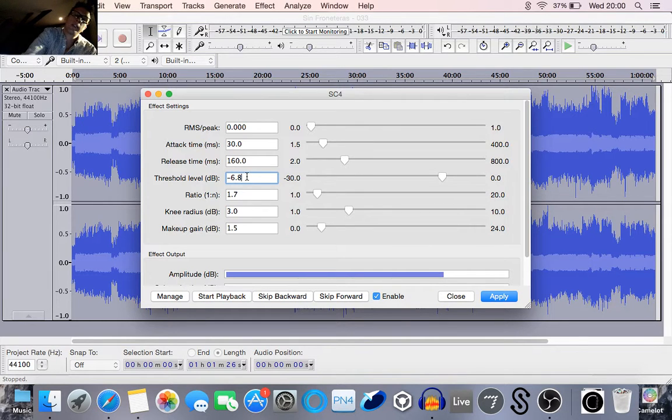So the loudest level that we spotted was -7. What we need to do is go a touch below -7, or if you think about it, a touch louder than -7. So -7 decibels is not as loud as -6.8 decibels, if that makes any sense.